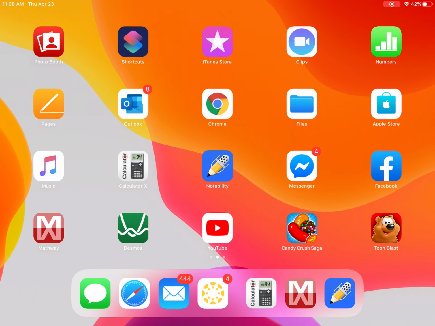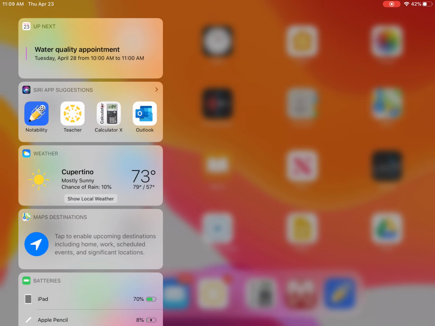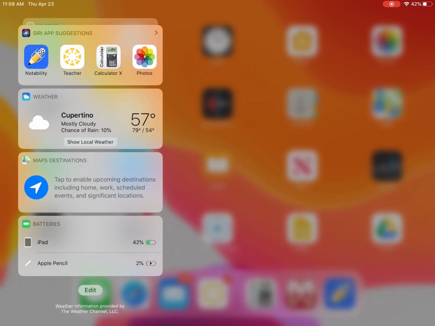I can't write anymore. I must be low on battery. Let's see. I just plugged my pencil in. Wonder if I can see how it's doing. Pencil is at 2%. That's why I couldn't write with it. 3%.